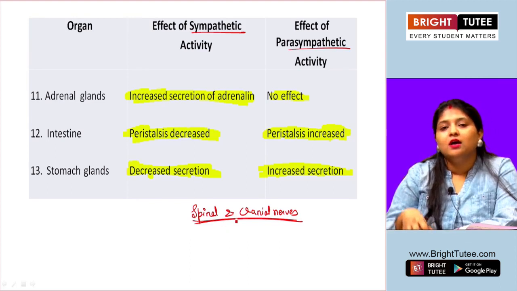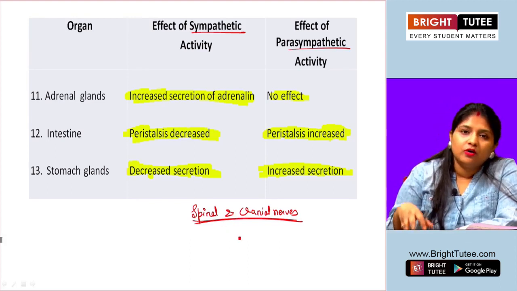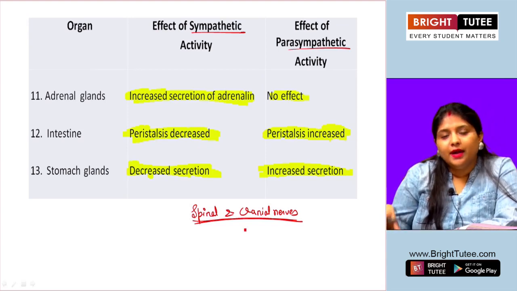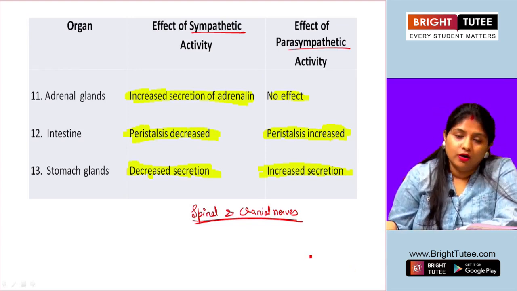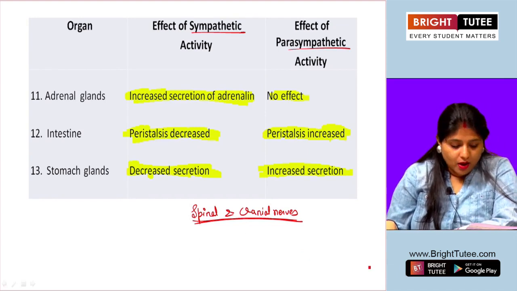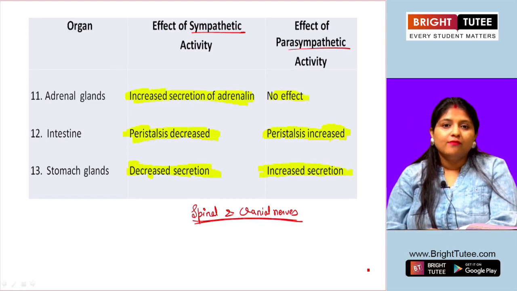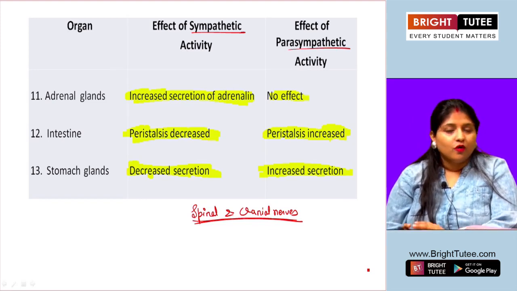So the somatic part of the PNS controls the voluntary muscles, the ANS part controls the involuntary muscles and glands, right? So I hope you were able to understand the importance of PNS and what are the different components of PNS.